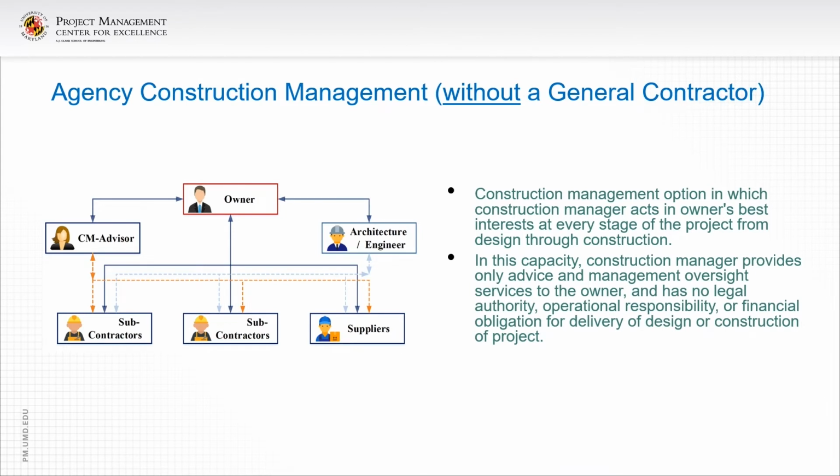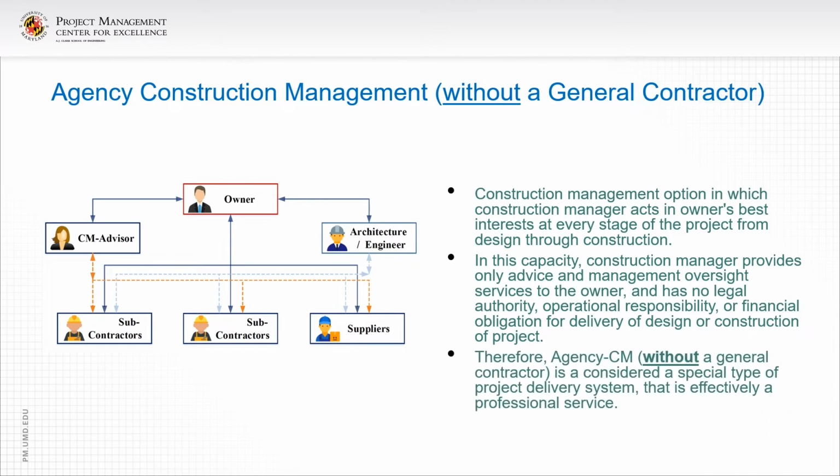In this capacity, the construction manager provides advice and management oversight services to the owner and has no legal authority or operational authority or financial obligation for delivery of design or construction of a project. Many owners like this particular methodology. And finally, agency CM without a general contractor is considered a special type of project delivery method that is effectively a professional service.